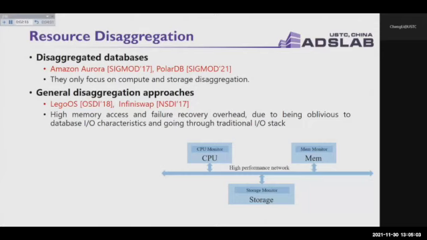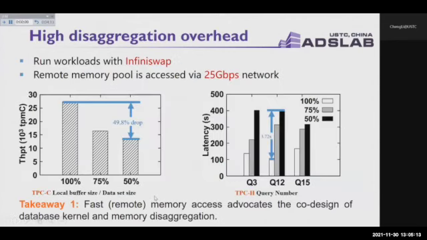Next, we will use some examples and data to illustrate these two fronts, the high memory access latency and the failure recovery latency. What we did is run some very traditional and representative workloads like TPC-C and TPC-H. TPC-C is an OLTP workload and TPC-H is an OLAP workload.